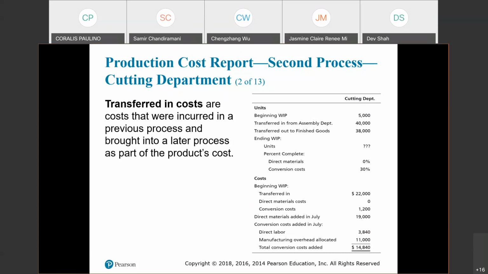The data show that this company's cutting department started the July period with 5,000 puzzle boards partially completed through work done in cutting department in June. During July, the cutting department started work on 40,000 additional puzzle boards that were received from assembly departments.